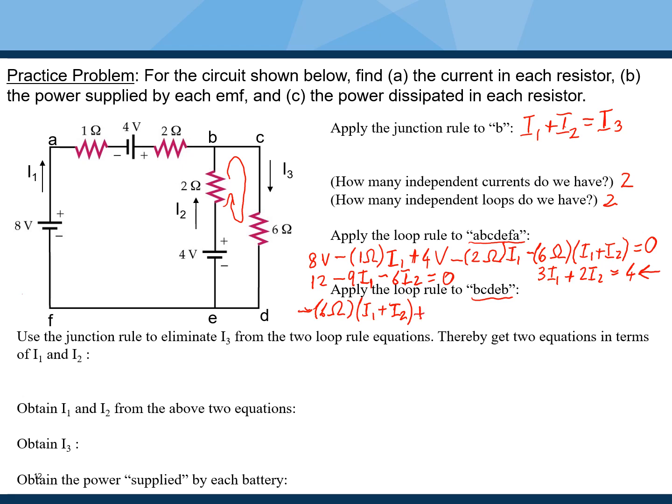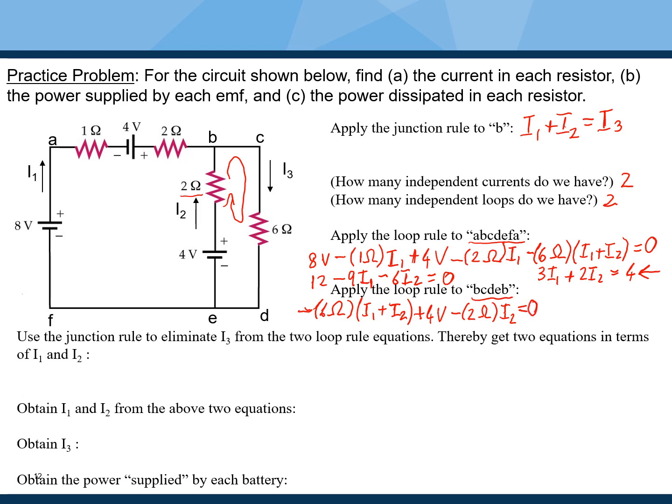So we have plus 4 volts. Okay? And then we're traversing the 2-ohm resistor in its traditional direction. So we have minus 2 ohms times I2 as a further voltage drop across the 2-ohm resistor. And that is equal to 0.